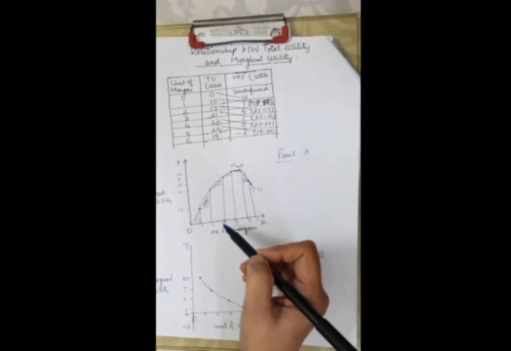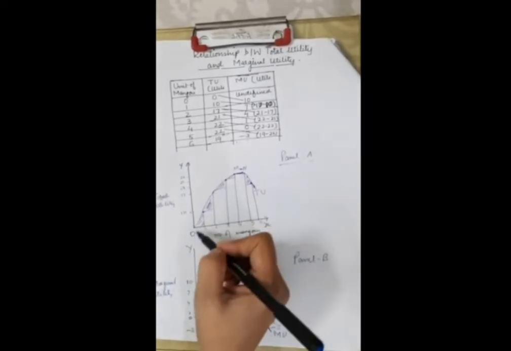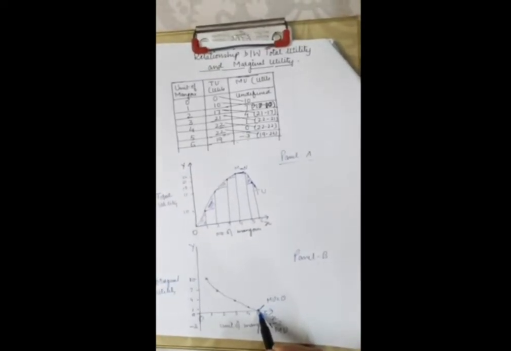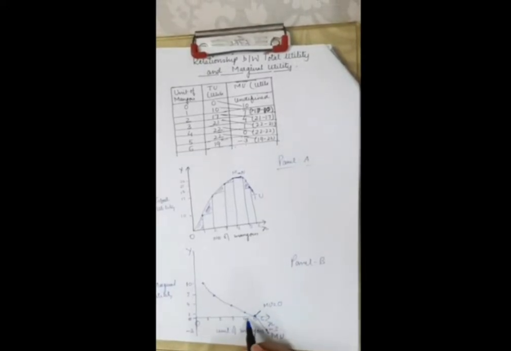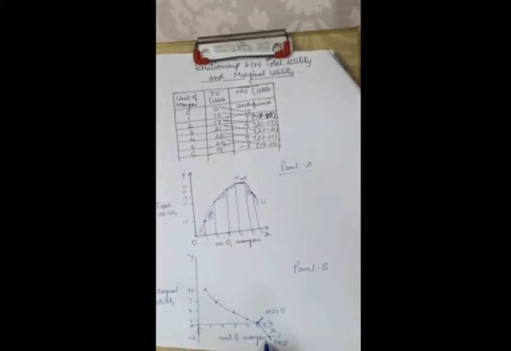Now panel B of figure 1 consists simply of these shaded areas. We have only taken up these shaded areas and drawn our marginal utility curve. The shaded area in panel A shows the positive but diminishing marginal utility up to the 4th unit, that is 1, and then marginal utility of the 5th unit is 0, and the marginal utility of the 6th unit is negative.